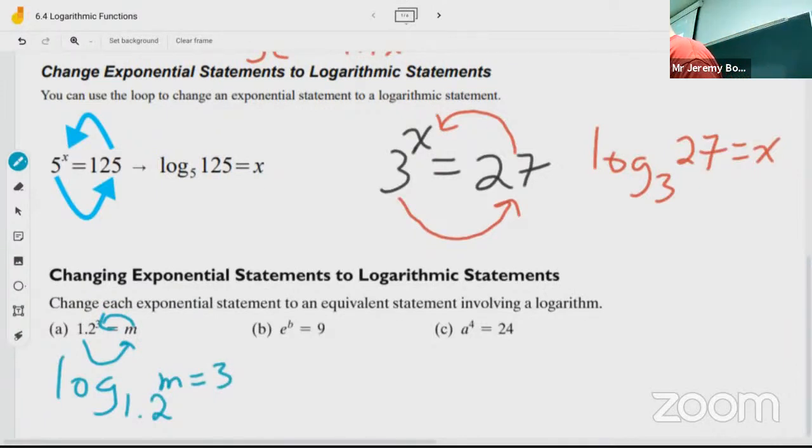Any questions on that? All right, y'all try the next piece. So you have e raised to the b is equal to 9. A raised to the 4th is equal to 24. I'm going to write those as logarithmic equations. They say logarithmic statements, but it's an equation.